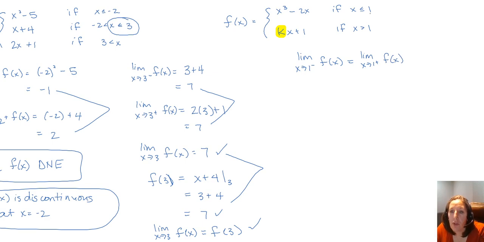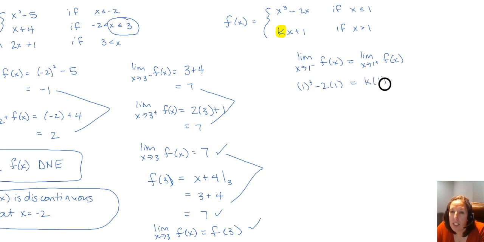And so if we're coming from the left, that means we're always less than 1. Our function's going to look like x cubed minus 2x, where our x is equal to 1. So we get 1 cubed minus 2 times 1 is the limit as we approach from the left. If we approach it from the right, that means we're always bigger than 1. We're always in this bottom category.